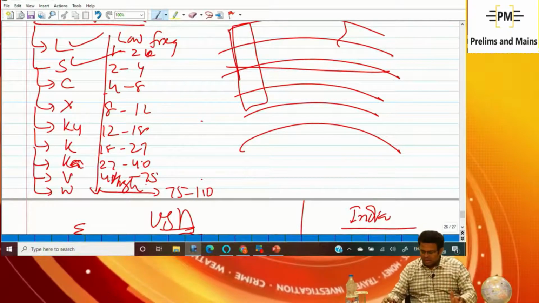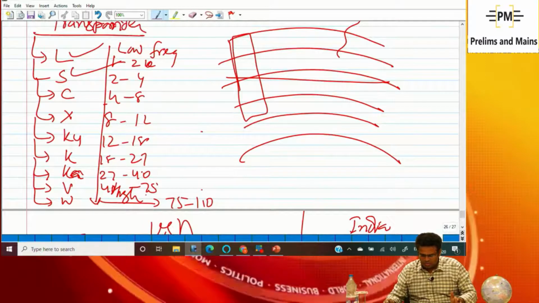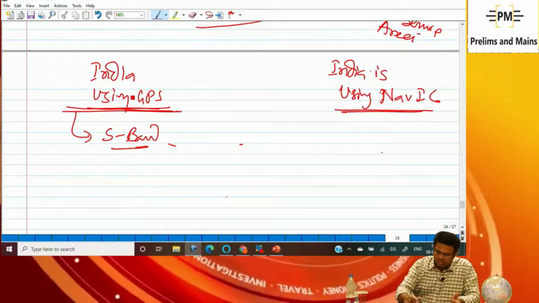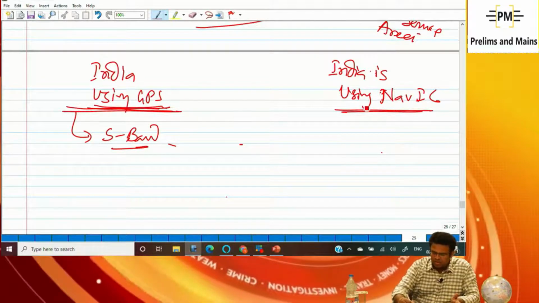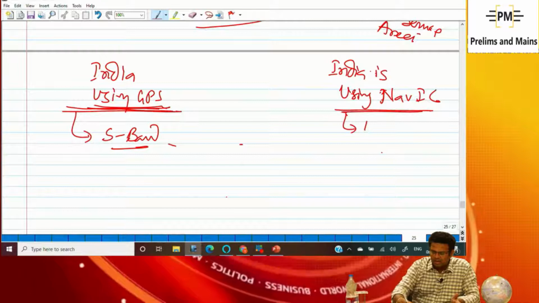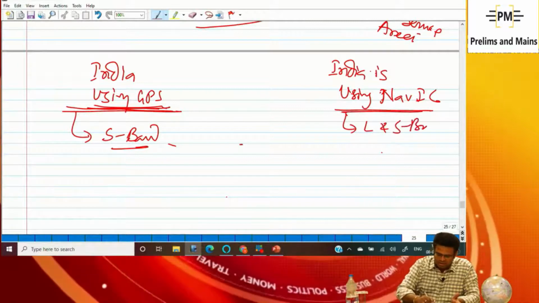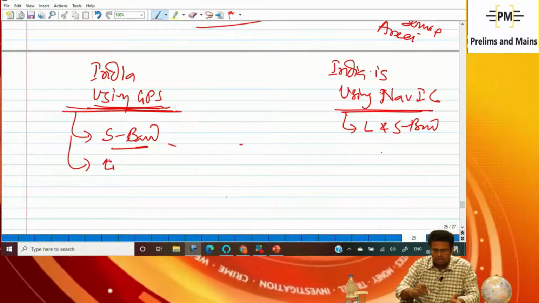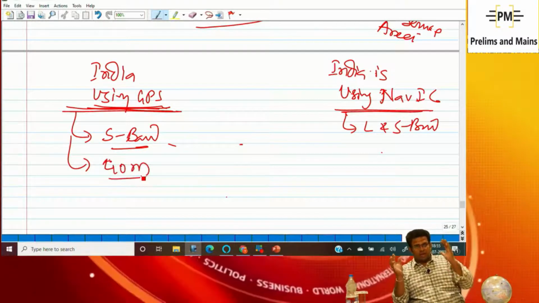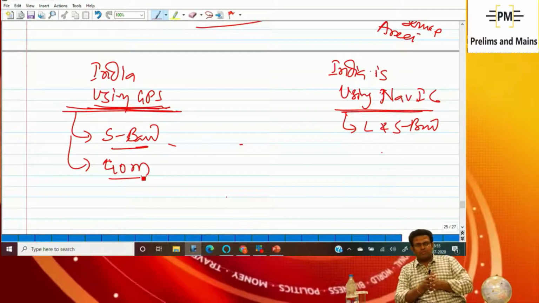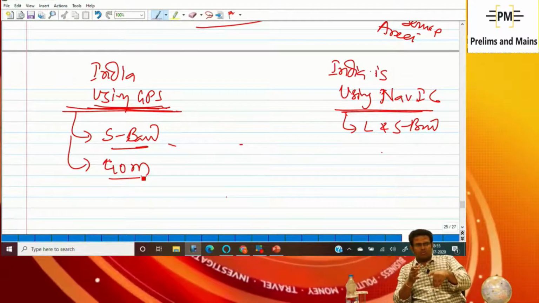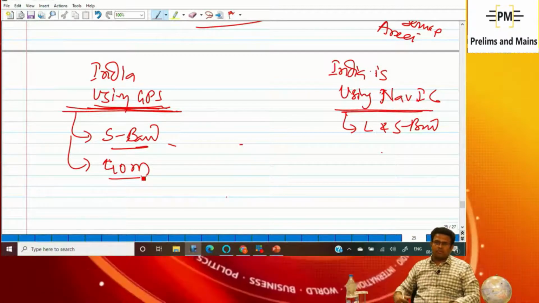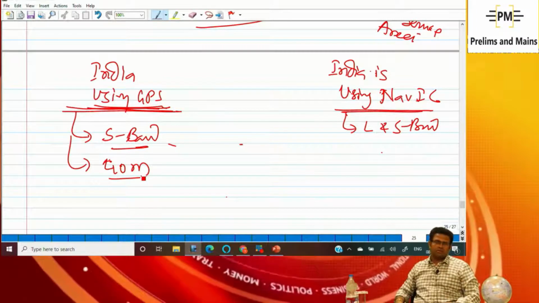India is using NAVIC, with L band and S band in NAVIC. It can give better quality positioning up to 40 meters. Suppose an Uber has reached your home and it shows that it has reached, but when you come out, you may find the car is 40 meters away from your house.